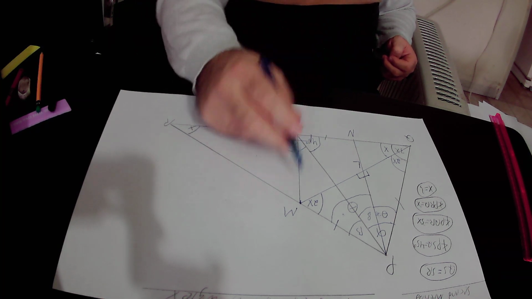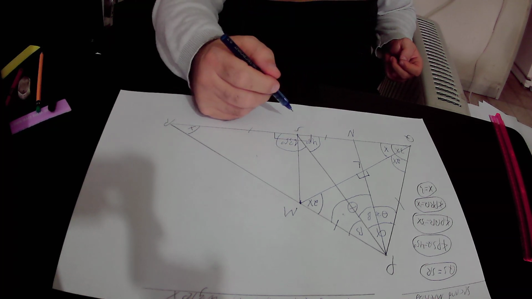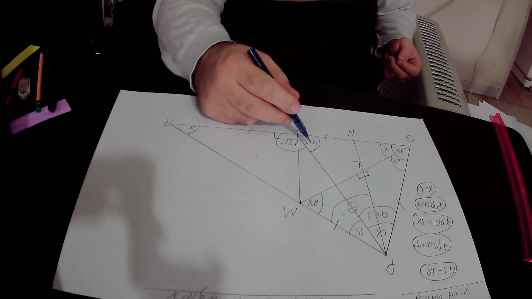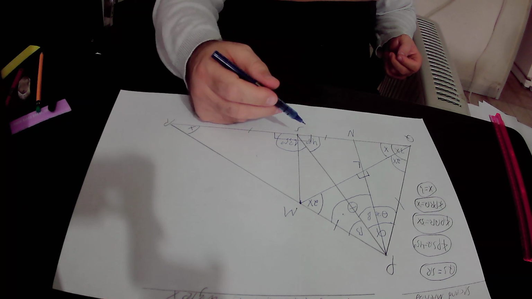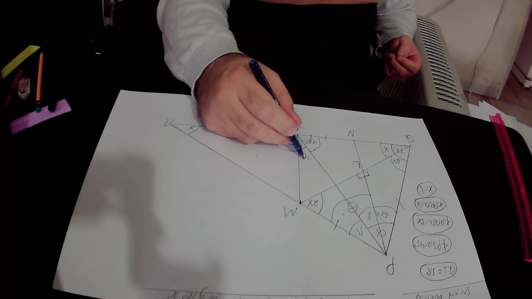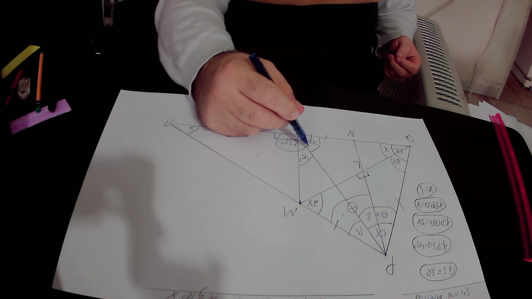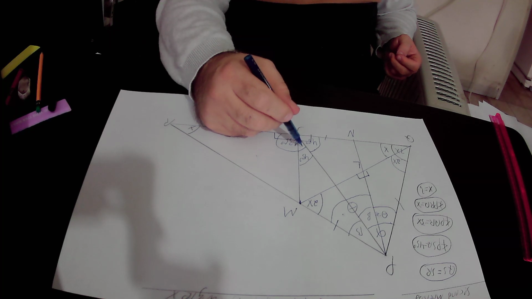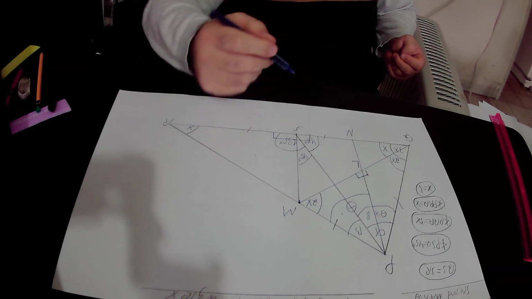So angle MSQ is equal to 90 degrees. But it is given in the question that this angle is equal to 45 degrees. So this angle must also be equal to 45 degrees in order to complete the sum of those two angles to 90 degrees, because we know that this angle is a right angle.